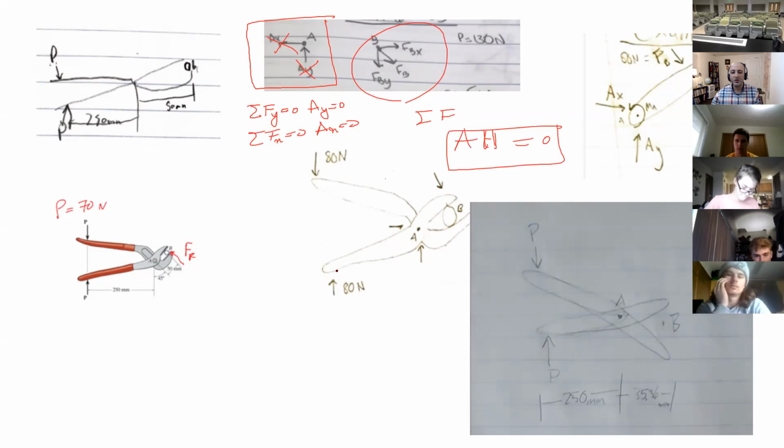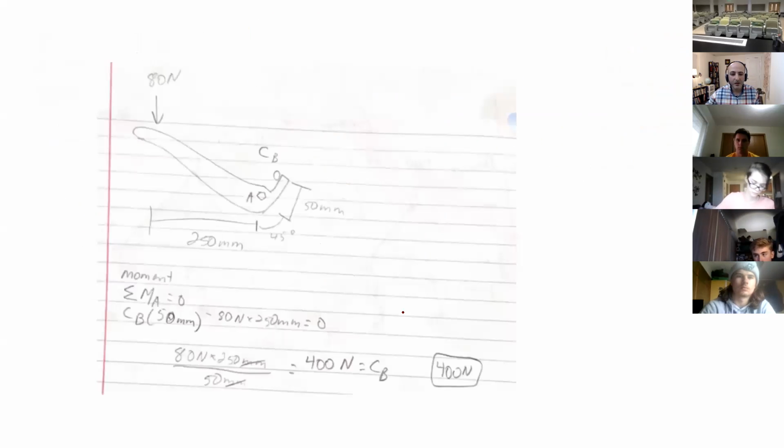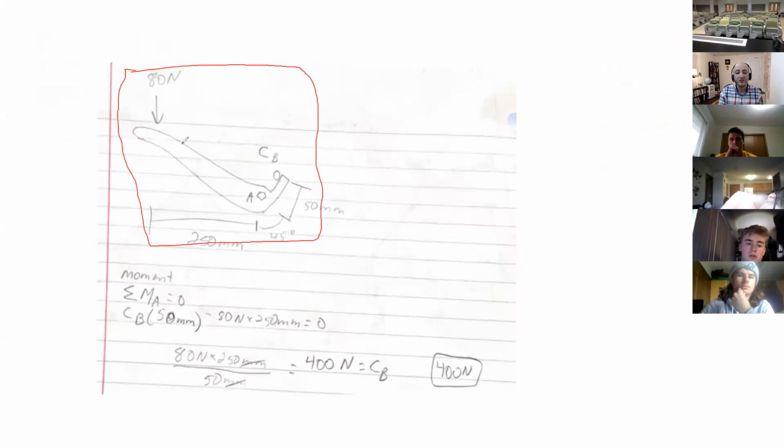Let's look at more. Okay, same problem as we discussed before. I see an attempt at a free body diagram, right? So they did step 1. They isolated, took each member.